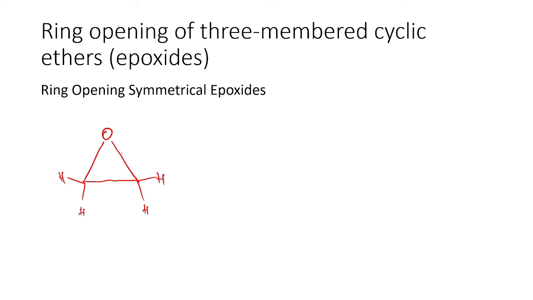This ring opening actually happens upon the introduction of a nucleophile. If we add a nucleophile to this oxirane ring, this nucleophile will break either of these carbon-oxygen bonds, because it is symmetrical, whichever side it attacks. So let's say that instead of breaking this side, it breaks this side.